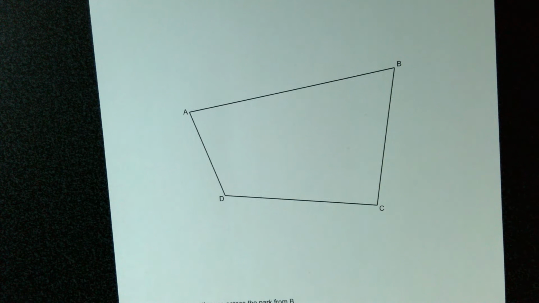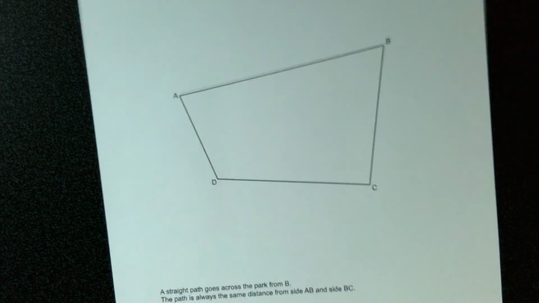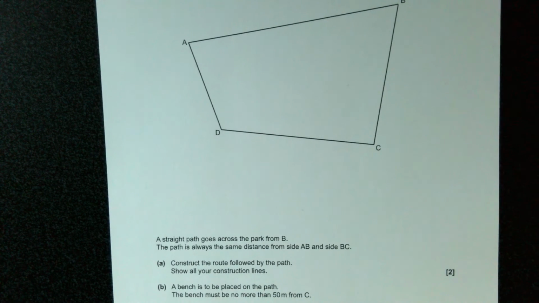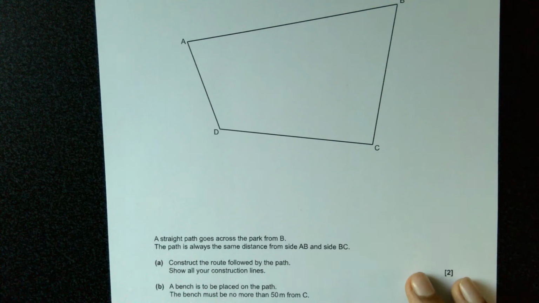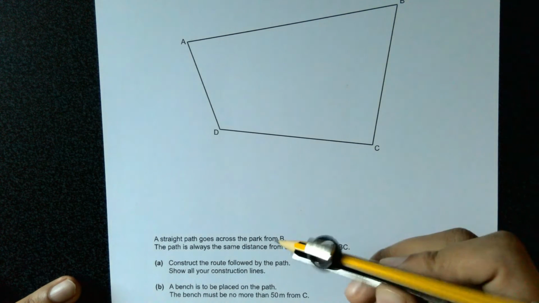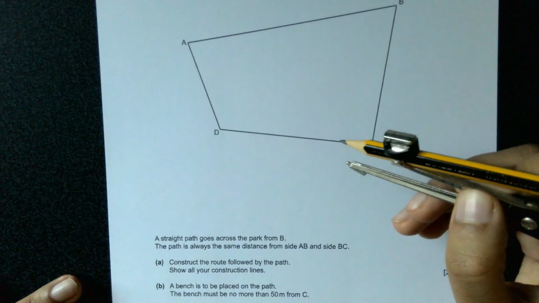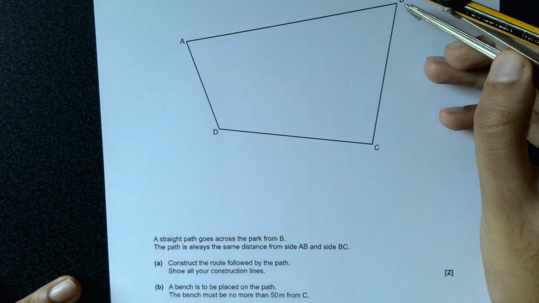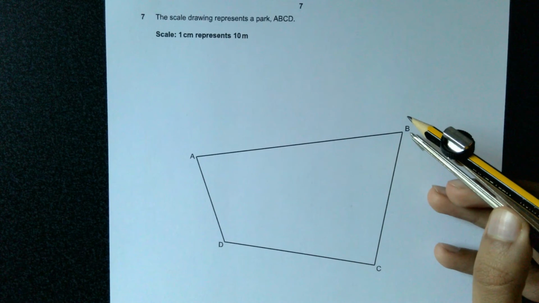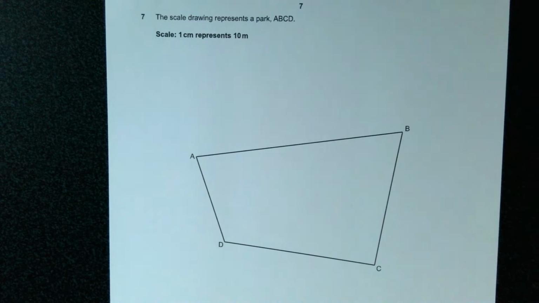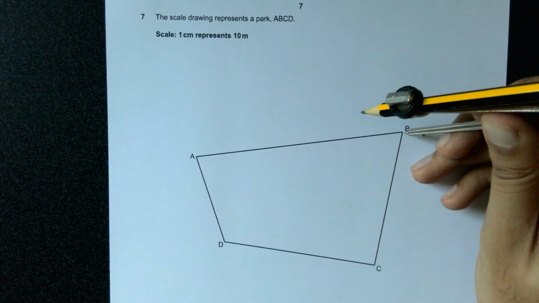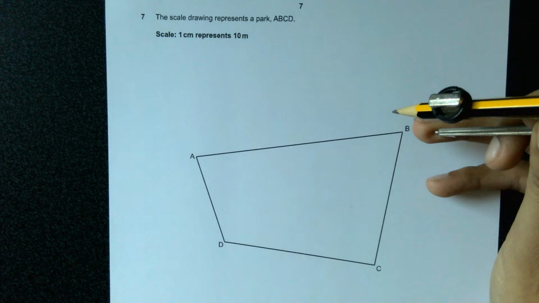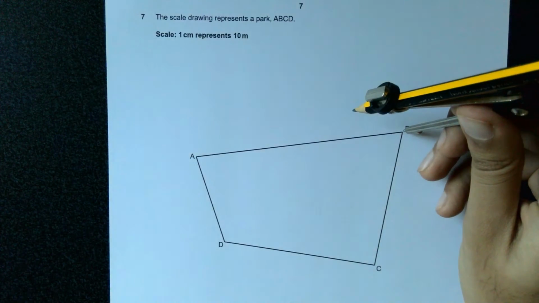And that's because we are told in the question the path is always the same distance from side AB and side BC. So, if we do that, we want the bisector of the angle shown here. So the first thing we can do, put the pointy bit of our compass here.